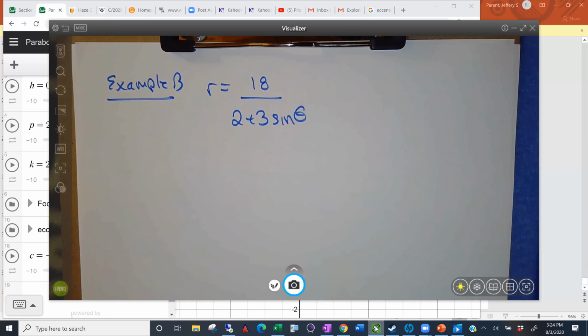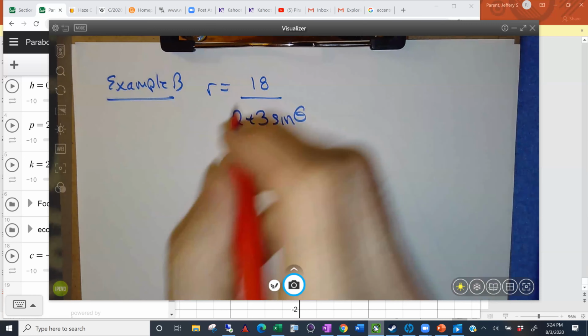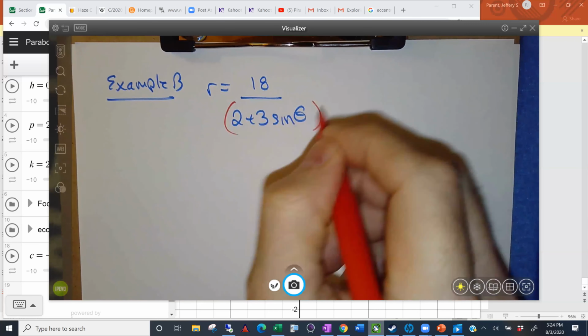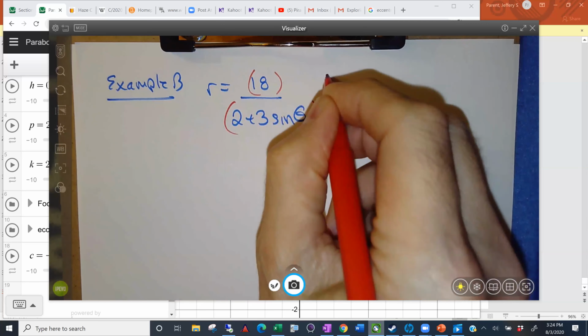Any suggestions as to how to start that process? What would you do to get it in our standard form? 18 divided by 2. Yeah. So we're going to divide everything by 2, or multiply by 1/2.